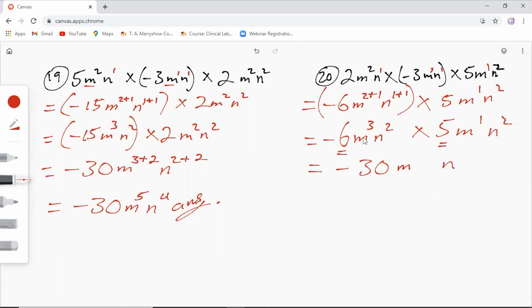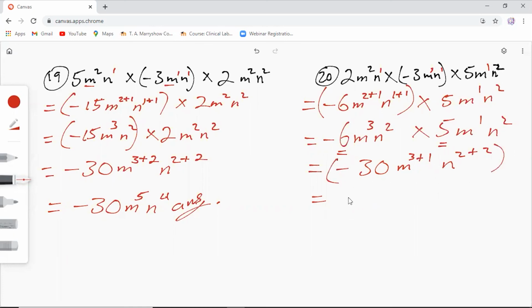So the powers of m are 3 and 1, so that's 3 plus 1, and the powers of n are 2 and 2, so 2 plus 2, right? Because we're multiplying. When you're multiplying and the base is the same, the laws of indices says you have to add the powers. Okay, remember that. Make your life easier.